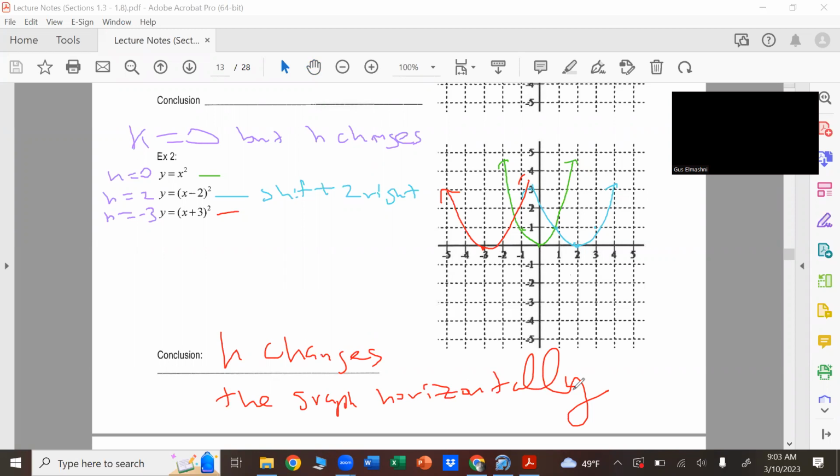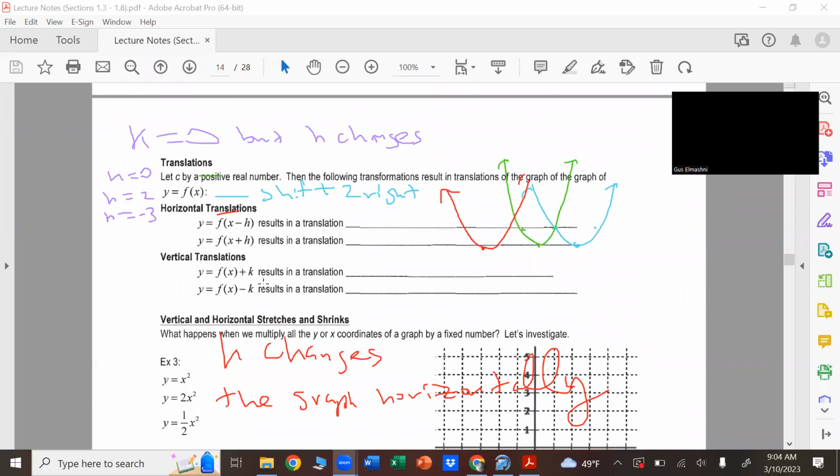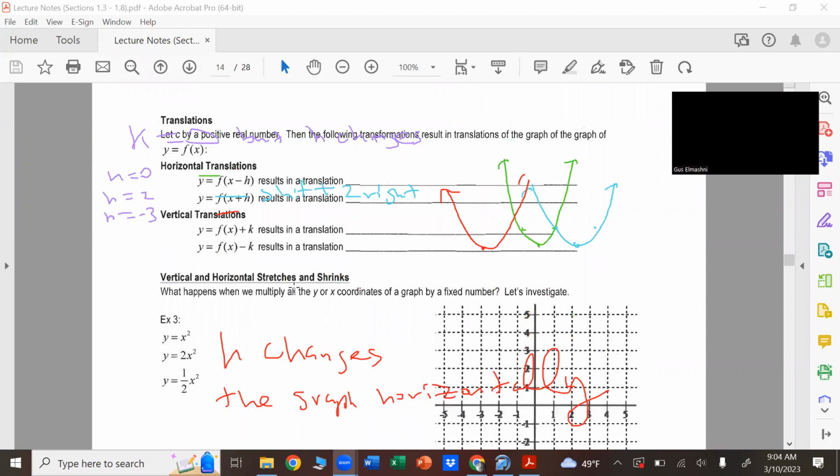Trig, square root functions, log functions, whatever, right? Cubes, bunch of stuff. All right. So now let's come up with some generalizations, and then we'll talk about stretches.